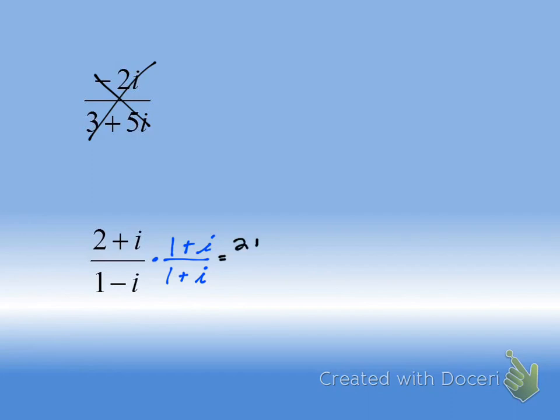Equals. Now set up your multiplication. So 2 plus i times 1 plus i over 1 minus i, 1 plus i. Now this one you got to FOIL twice. Everybody see that? You got binomials top and bottom over here. So you got to FOIL twice now.